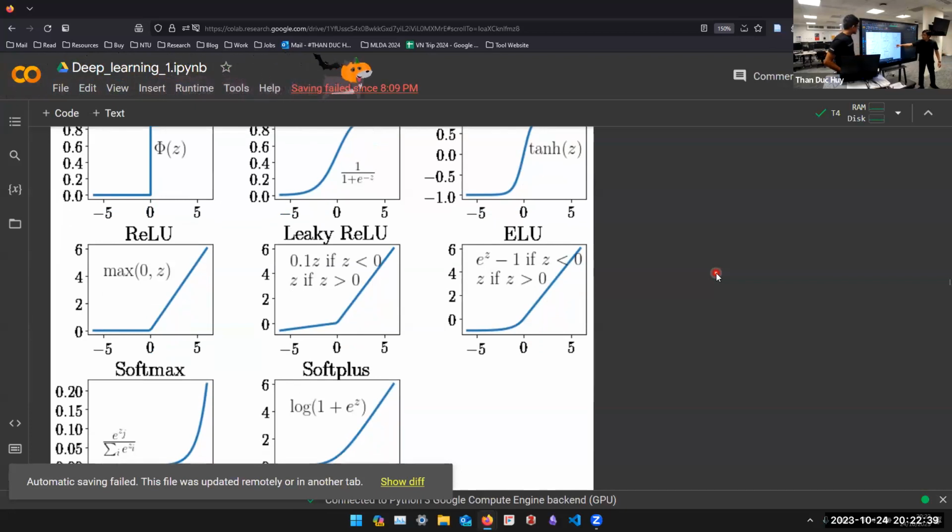You can see that, for example, ReLU and leaky ReLU go from 0 to infinity, but softmax and sigmoid are constrained to 0 and 1. So there are application-specific activation functions. 0 to 1 usually corresponds to probability, but with ReLU and leaky ReLU, you just want it to explode to infinity or a large range. I don't know how it will turn out, but probably it will work, probably.